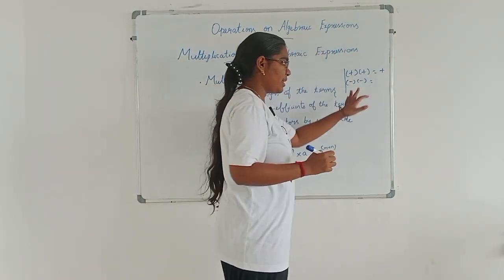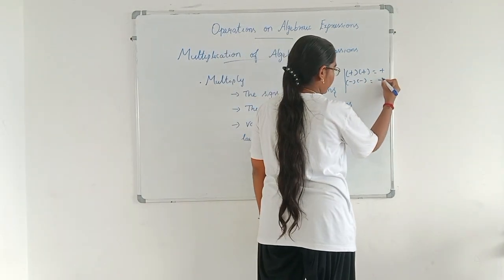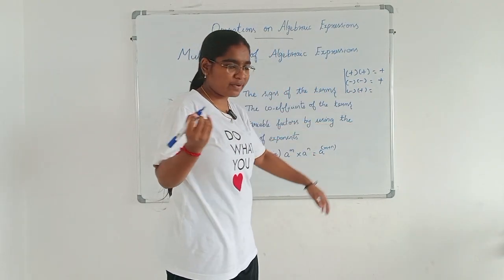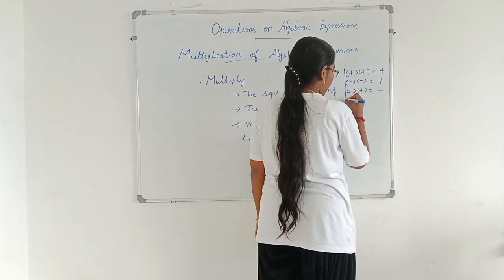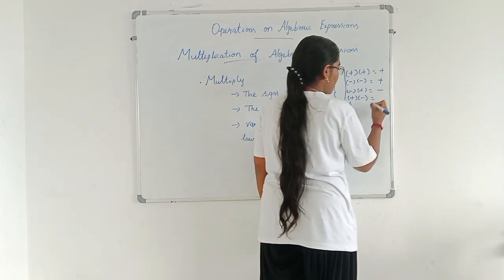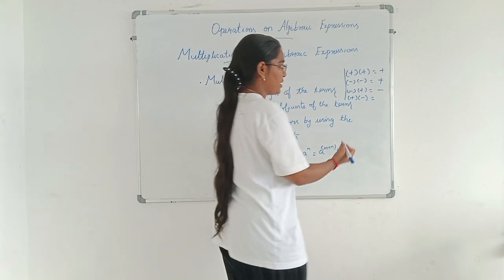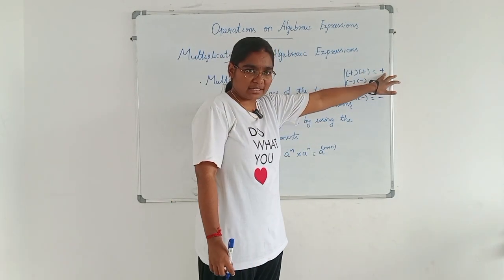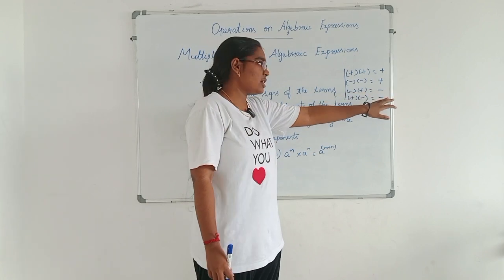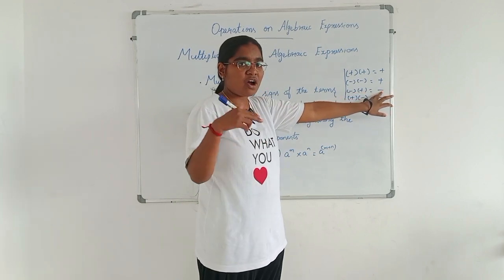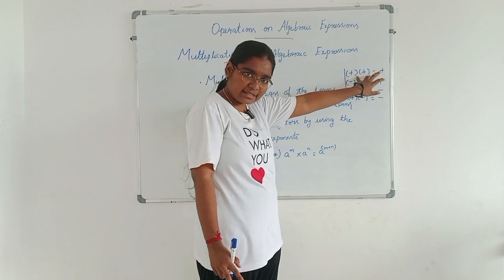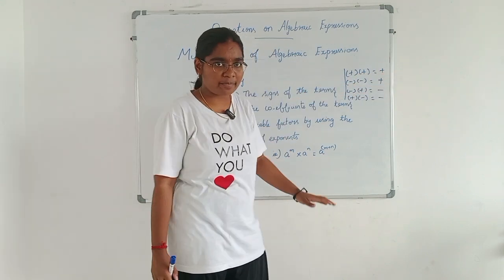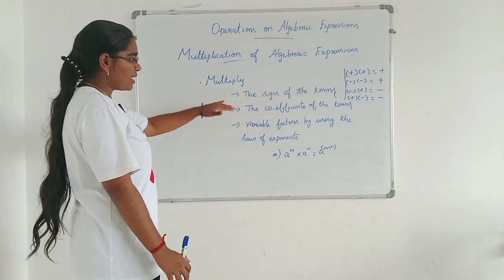Minus into minus, you will get plus. Minus into plus, you will get minus. Plus into minus, you will get minus. If the signs are the same, you will get plus, and if the signs are different, you will get minus. That is the first step.